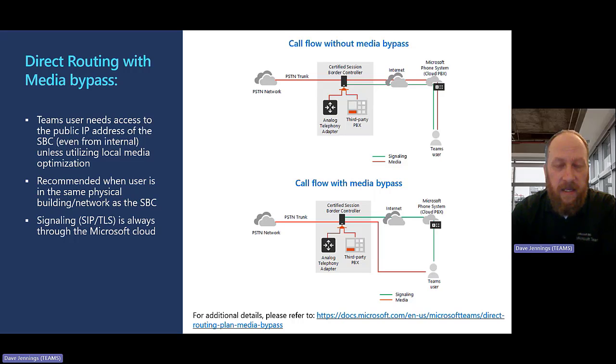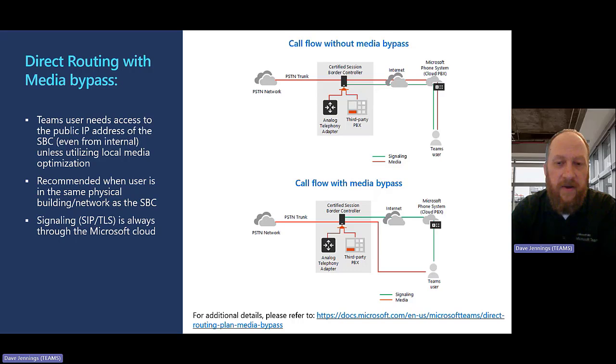As an option to that, you can further plan to optimize that traffic flow by reducing the number of hops required through what we call enabling media bypass instead. So the difference there with that second option is instead of the media traffic having to route external via the internet up to the cloud service and back, alternatively, it'll still have to route out your public firewall, but it'll directly hairpin back in, connecting to the external interface of your SBC instead.